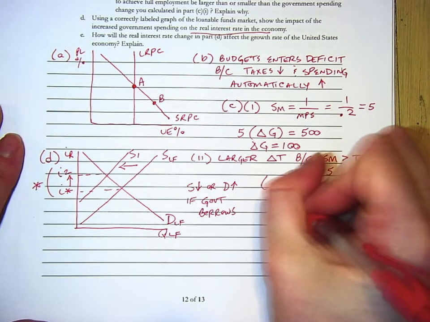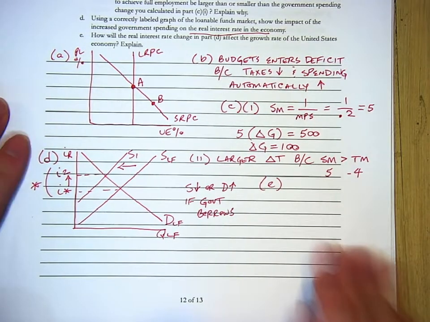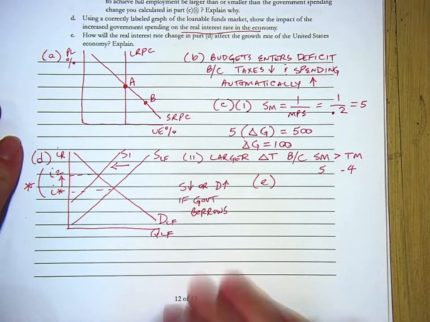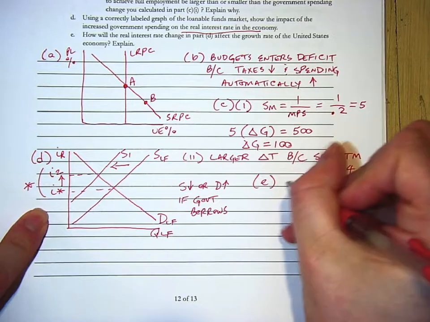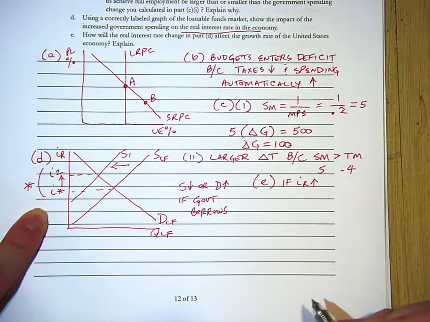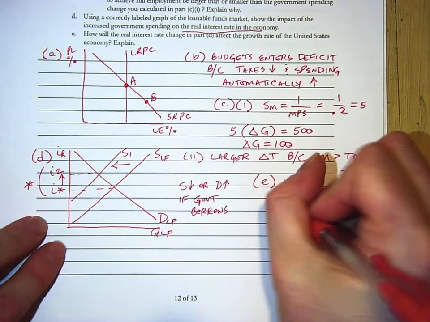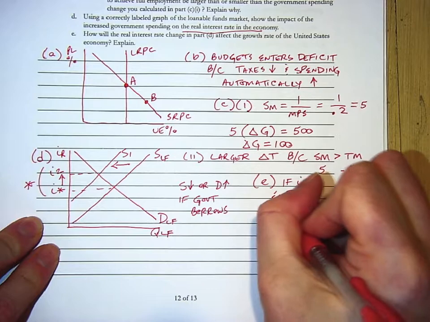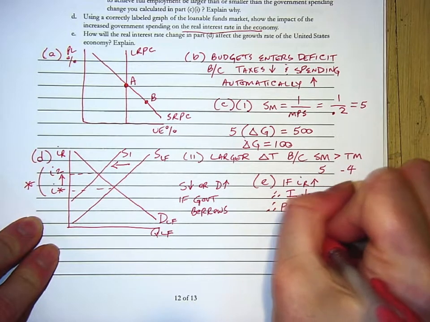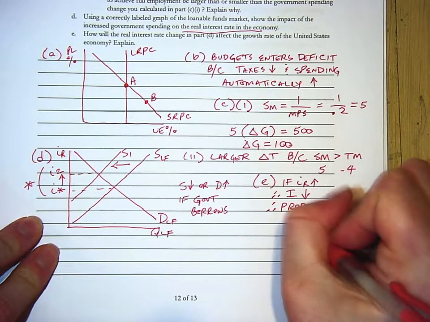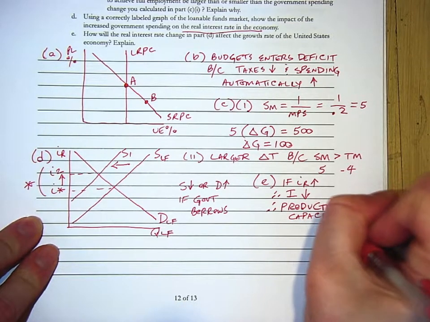For part E, the very last part, and I'm jumping all over on this page: how will the real interest rate affect the growth rate of the economy? Explain. So here we said if the real interest rate goes up, because that's what occurs over here, therefore we would say investment decreases, therefore productive capacity decreases.